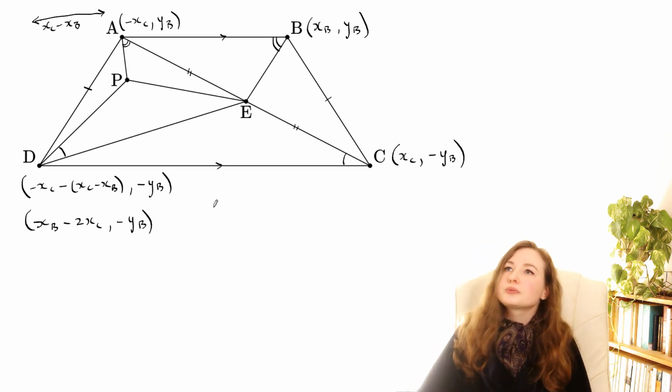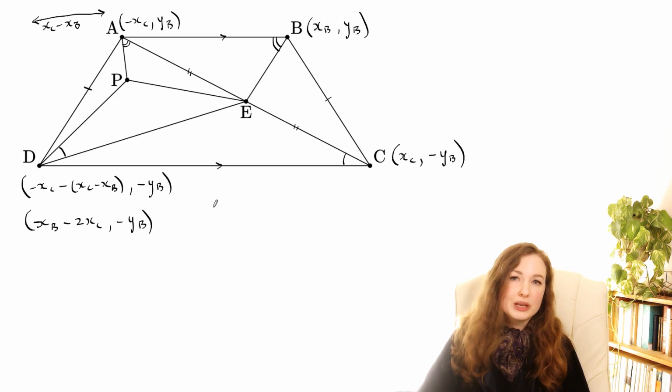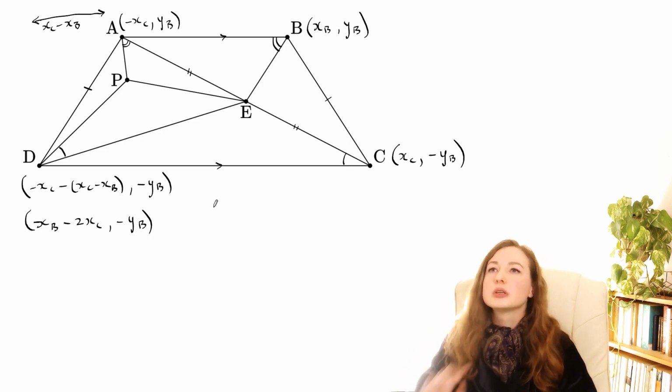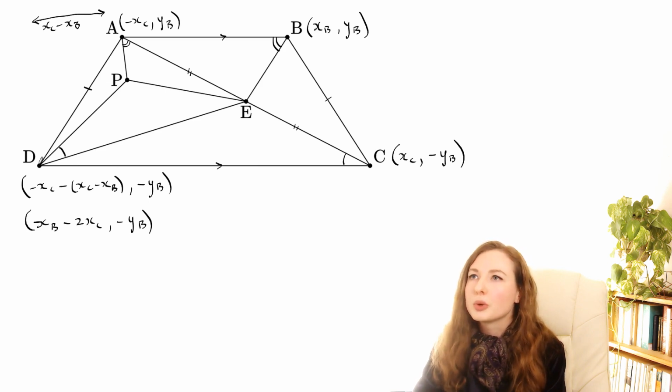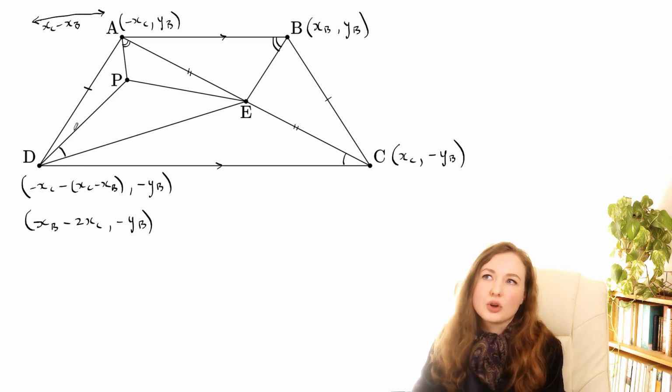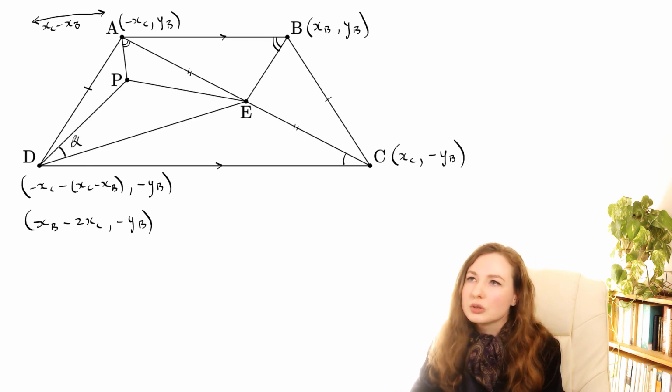All right, and then we can start thinking about how we're going to find the coordinates of P. First we want to work out the slope of this. That's going to be the tangent of whatever that angle is. Let's call that alpha and that beta.